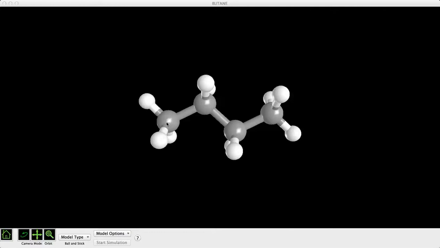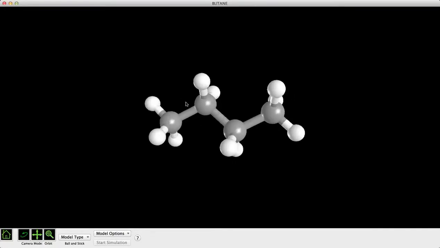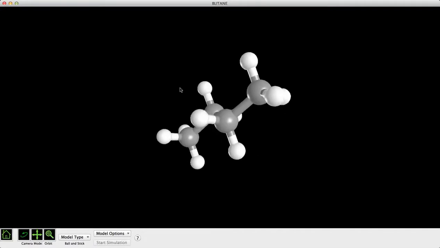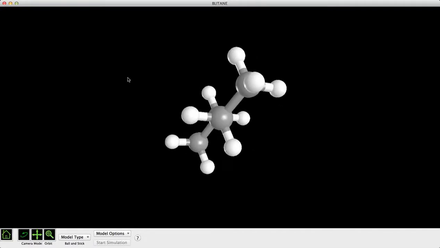If you follow the cursor, I'm going to number this from right to left: 1, 2, 3, 4. And I want to rotate this molecule so that I can look down the C2-C3 bond axis.